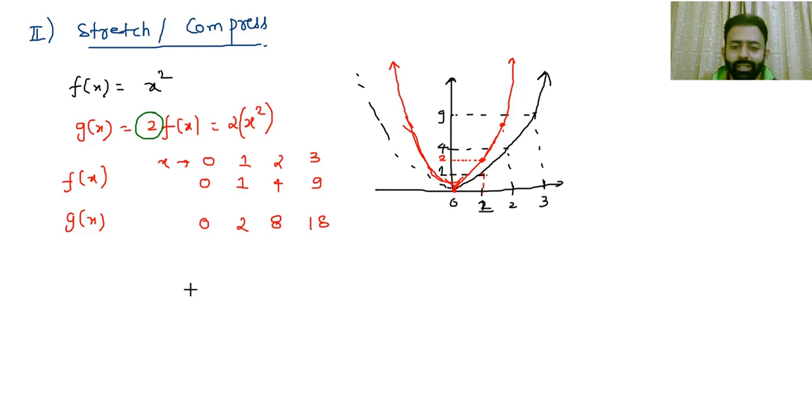If I say you are multiplying the function by half, this is actually dividing the function by 2. Please do not get confused. In this case, it will be compressed along the y-axis. You will get lesser value corresponding to the previous input.